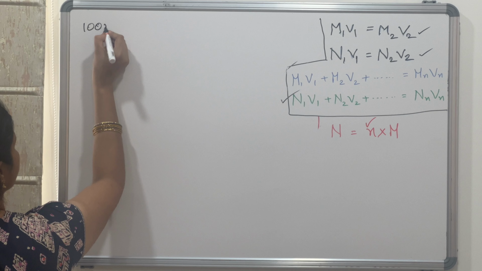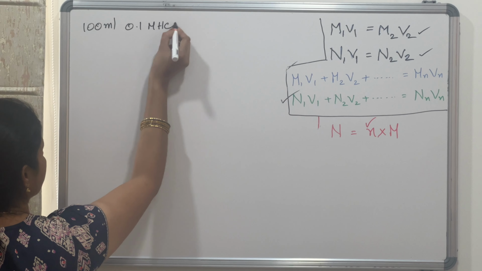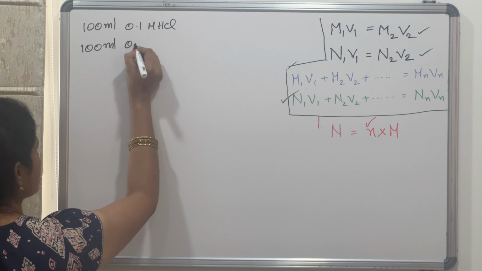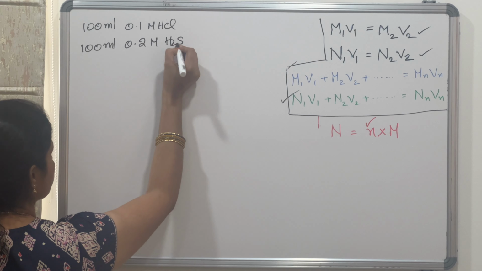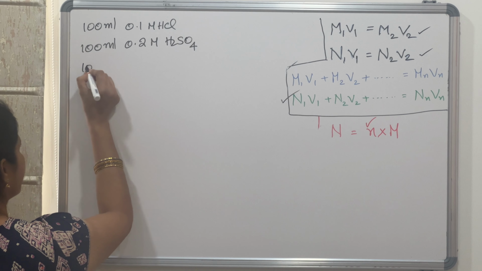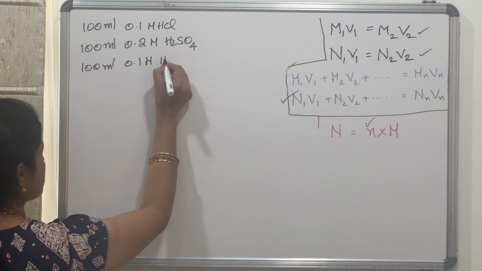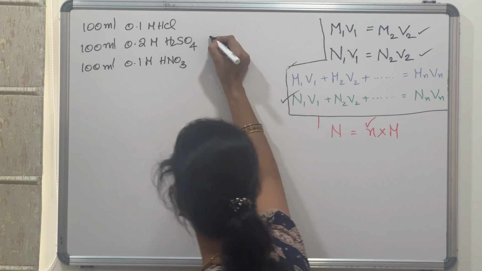100 ml of 0.1 molar HCl, 100 ml of 0.2 molar H2SO4, 100 ml of 0.1 molar HNO3 are mixed.